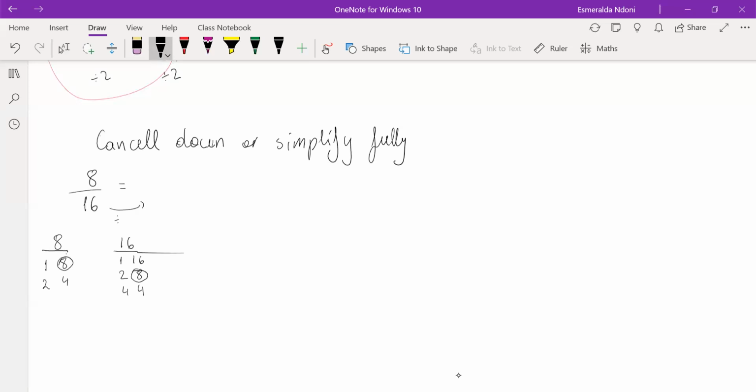So you divide both of these numbers by 8. 8 divided by 8 is 1. 16 divided by 8 is 2. And you know that you have done it correctly. It's fully simplified. If you use the HCF, it's fully simplified.